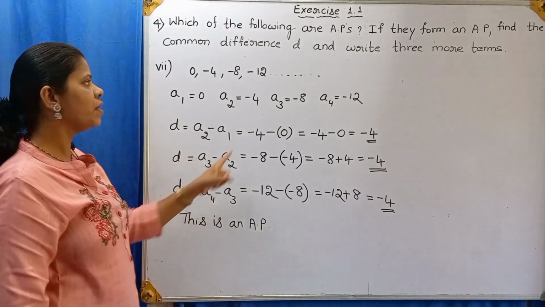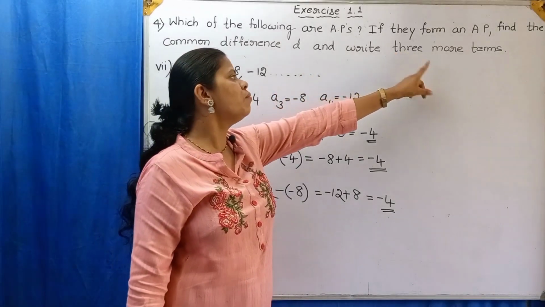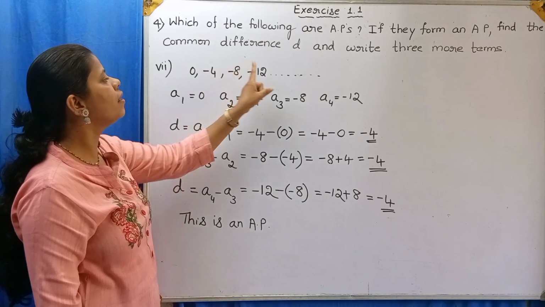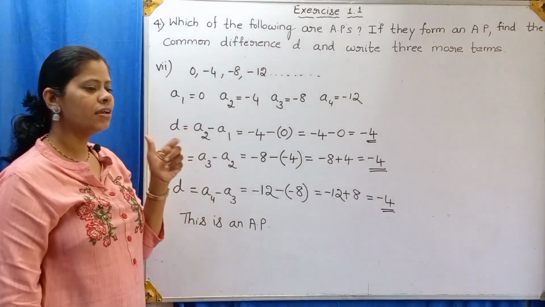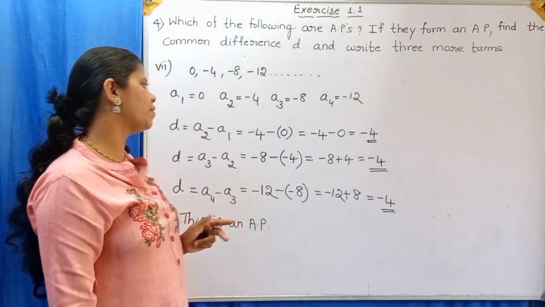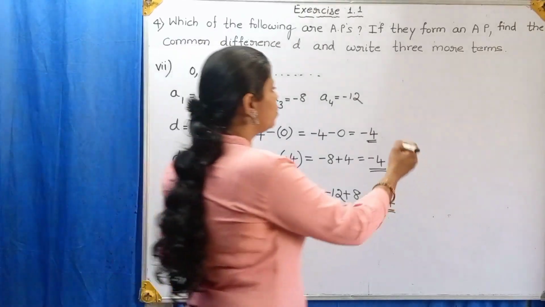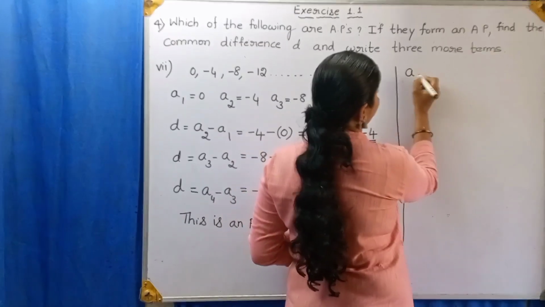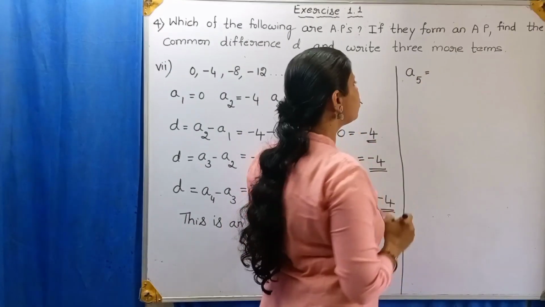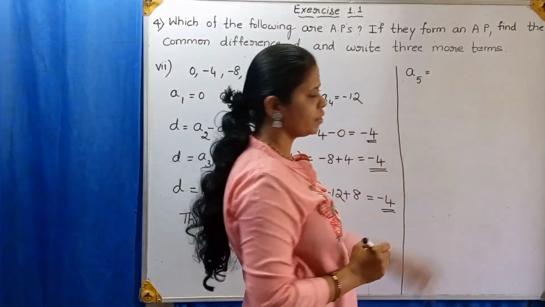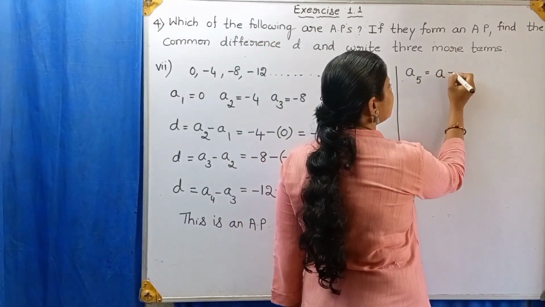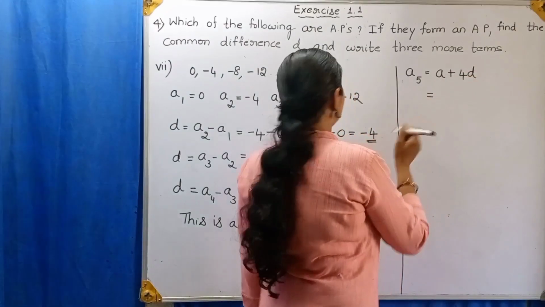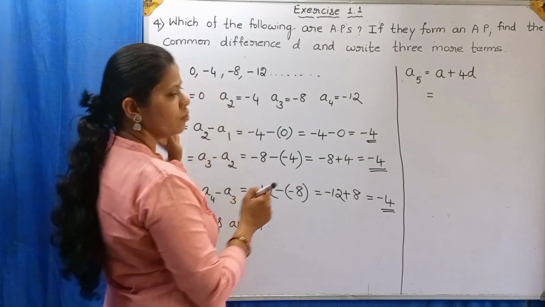Since it is an AP, we have to find 3 more terms. Okay? Already it is A1, A2, A3, A4. We have to find A5, A6 and A7. Let me do here. A5. See here. What is the formula? A plus 4D. Right? We know that A is 0. Okay?